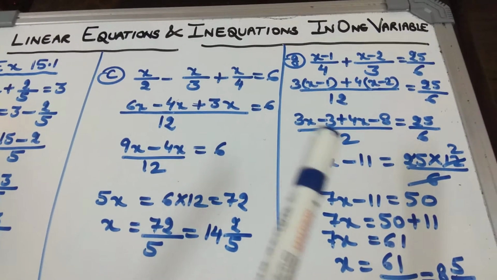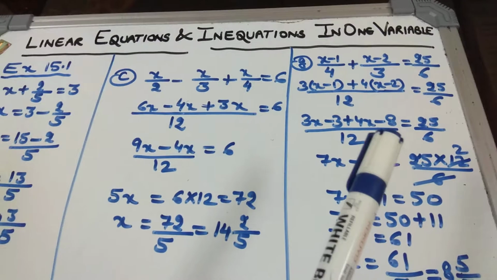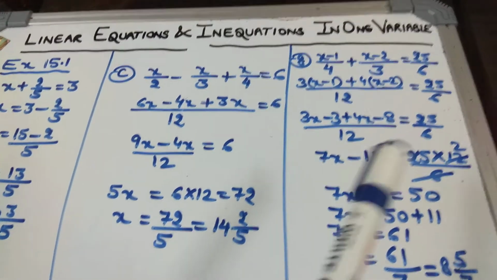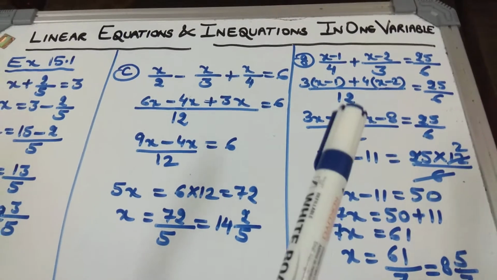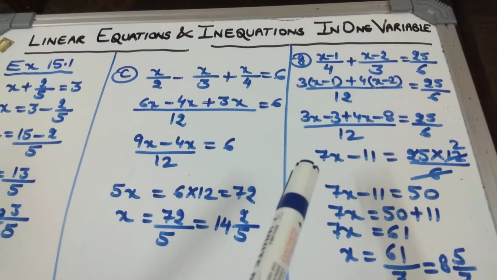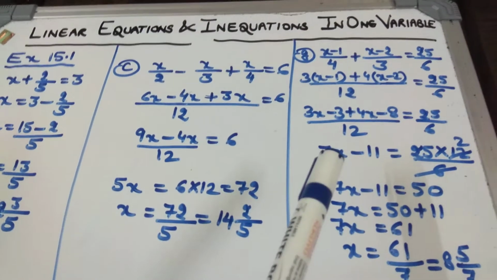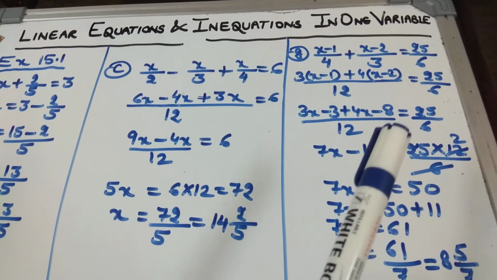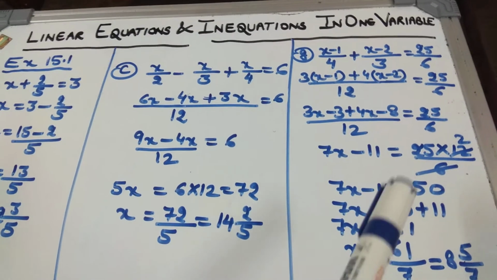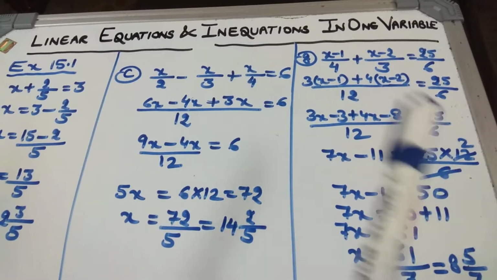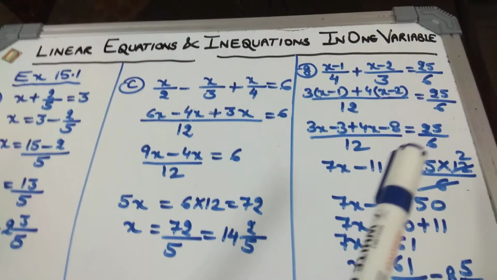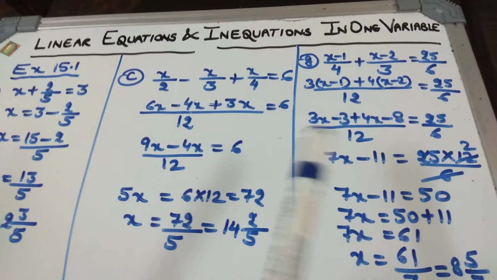Now open the bracket: 3x minus 3 plus 4x minus 8 upon 12 equals 25 upon 6. Now 3x plus 4x is 7x. Like terms to be added, minus 8 minus 3 is minus 11, and 12 goes to this side. I have not transferred 6 to this side because I can see that 6 and 12 can get cancelled.